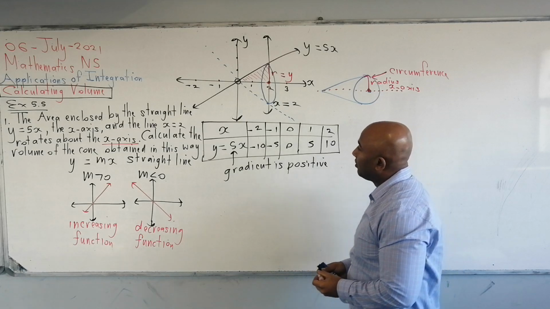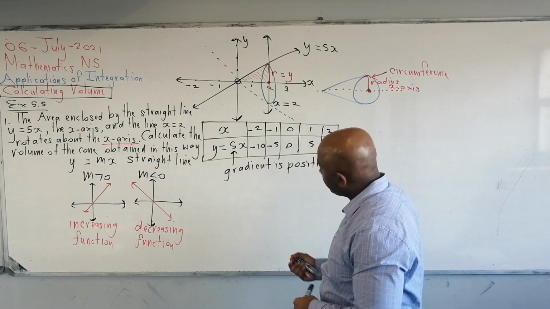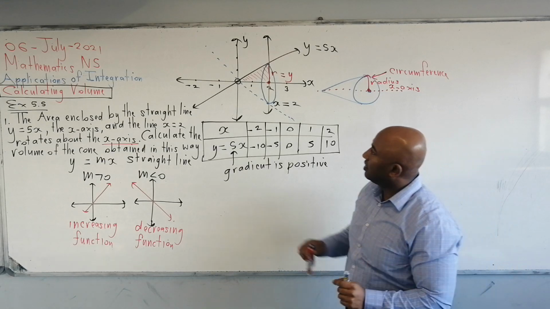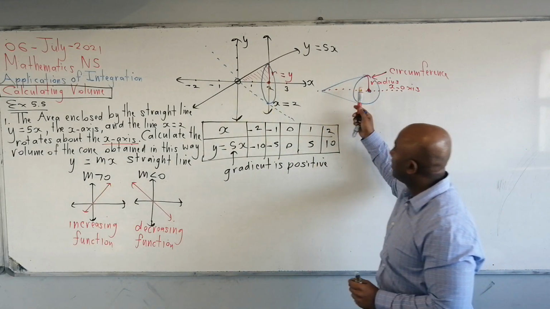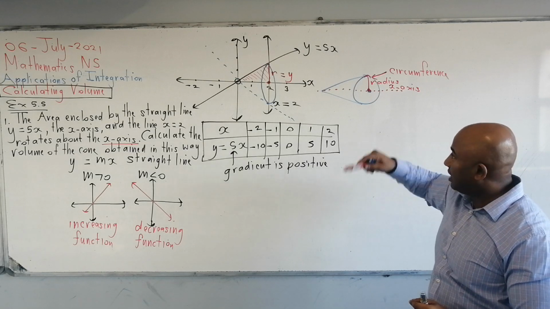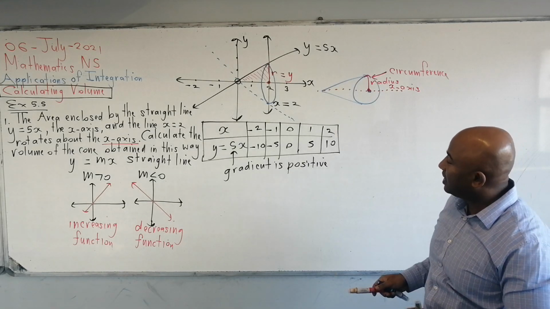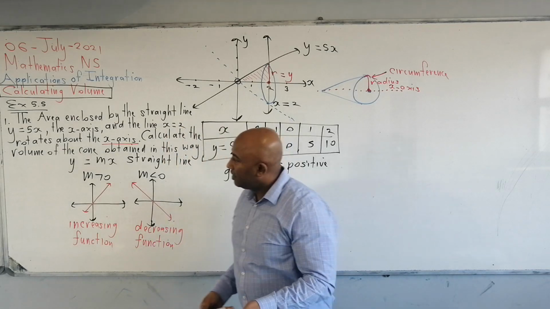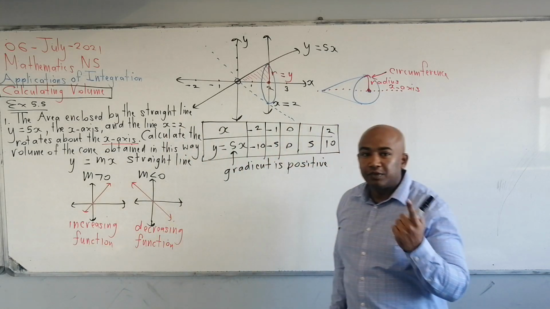Okay. Now, that was talking about the radius. Let's get back to the area only. Now that you understand what is going to become of this area after you rotate, let's go back to the area. Now in N5, there is only one method that we're going to be using.